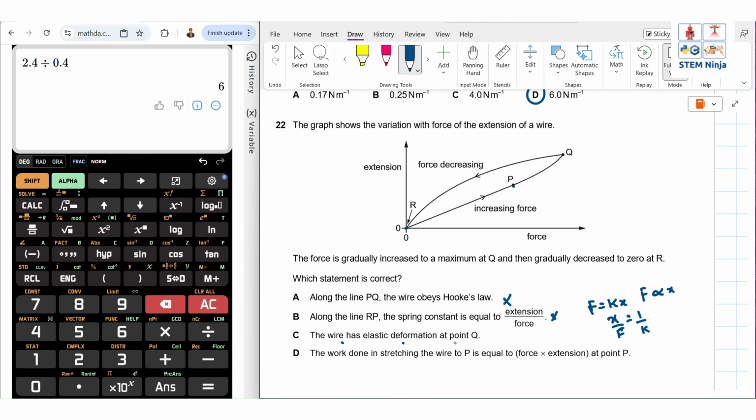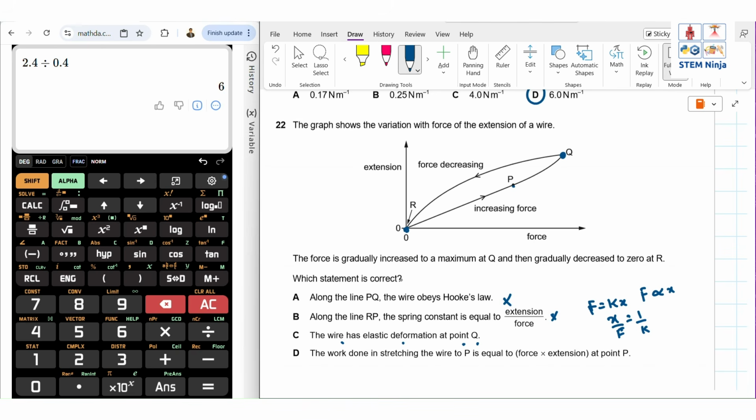Wire has elastic deformation at point Q. Elastic deformation means that once the force is removed, it goes back to its original dimension.